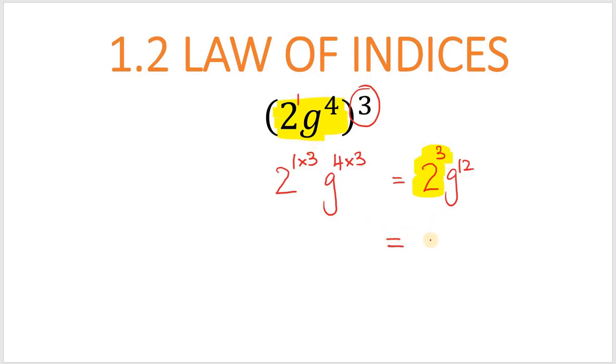The coefficient must be written as a number. So the answer should be like this: 8g power of 12. Okay, so then the question can be more complicated.